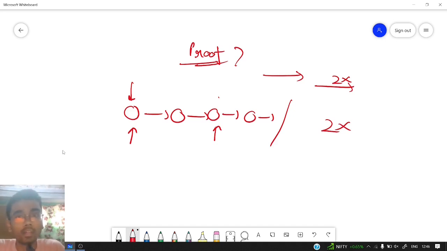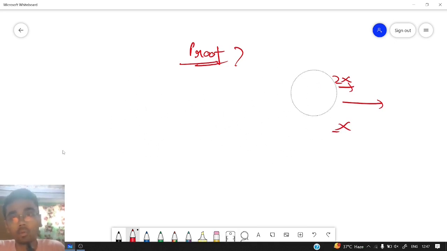So if there is no cycle, if there is a linear linked list, there is no chance of both pointers pointing at the same node. So this is one possible case, that in a linear linked list there is no cycle.